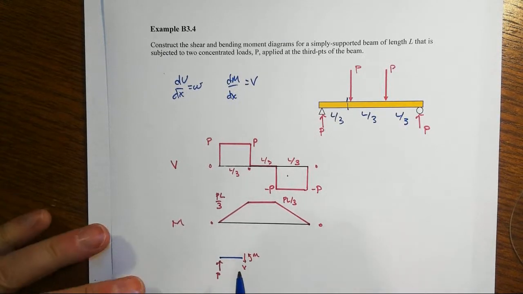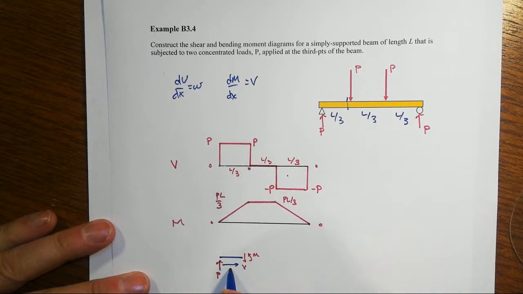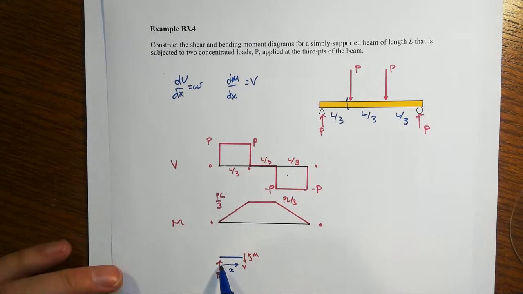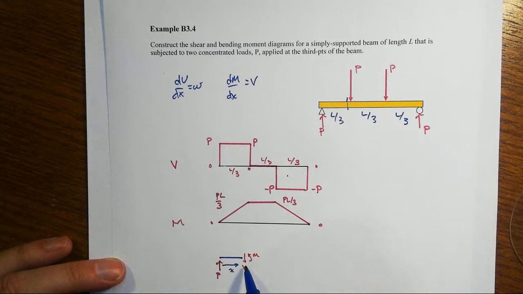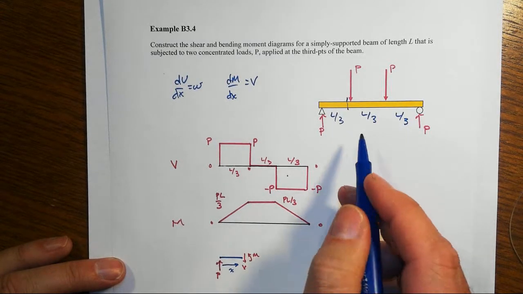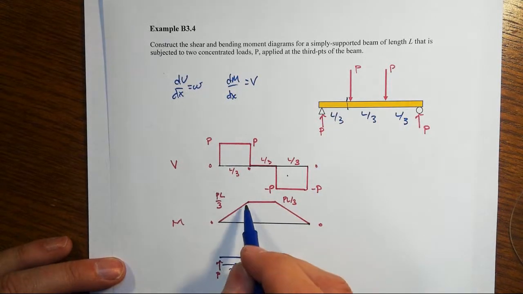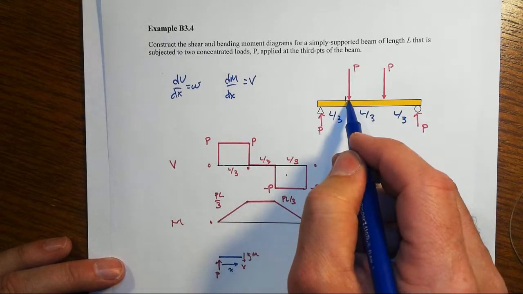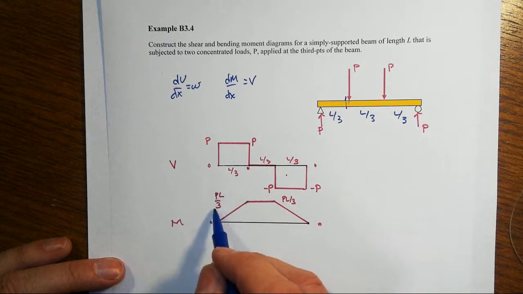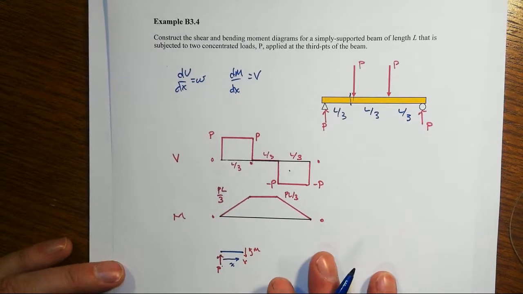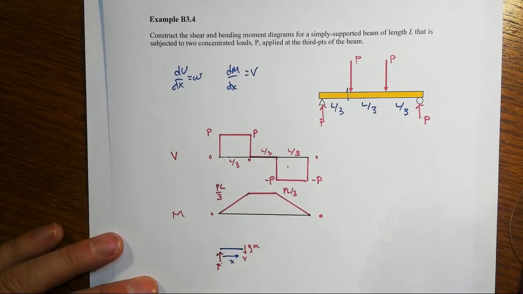And we've got this distance x, which can be anywhere in that region, so the moment increases with x, P times x, and that's exactly what's happening here. The shear is constant, P equals V, and right where we're just to the left of point P, at the L over 3 location, the moment equals P times L over 3. That's exactly what we said, and there's your equilibrium that proves that's the case.